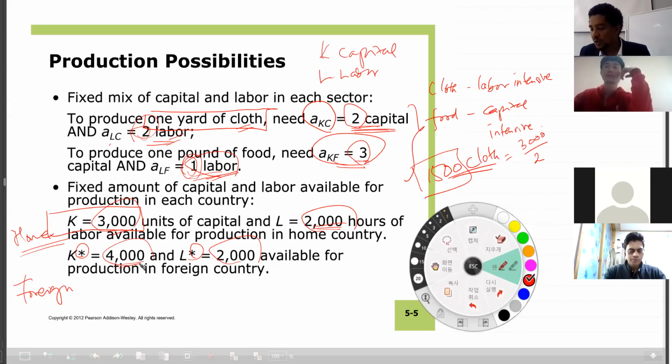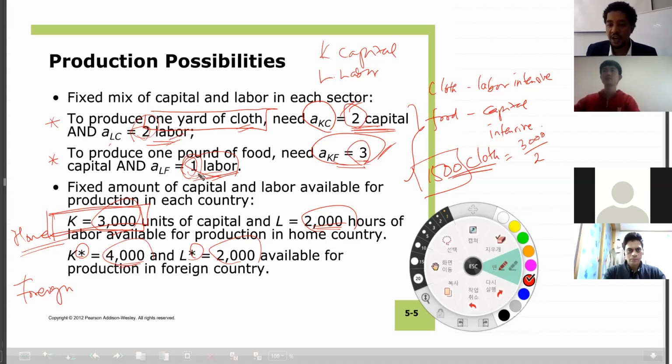So what we're trying to say is the total capital required to produce clothes and food together should not be greater than the capital we have here, right? Because the total capital we have in home is 3,000. So capital used to produce these two must be less than or equal to the capital we have.